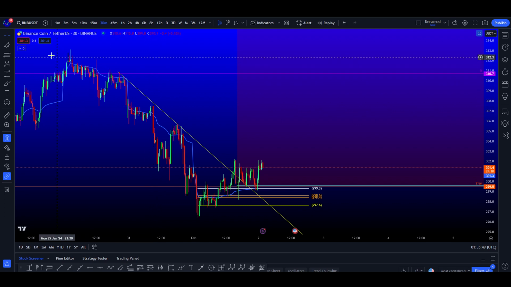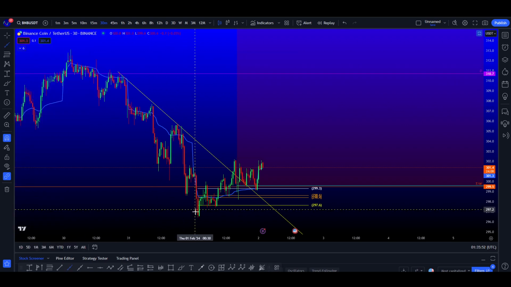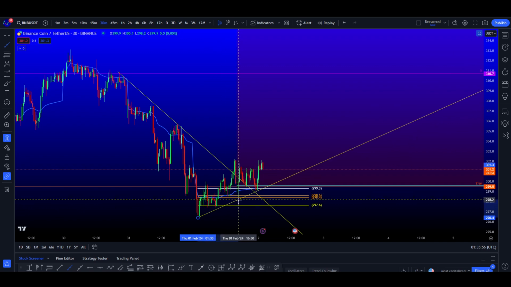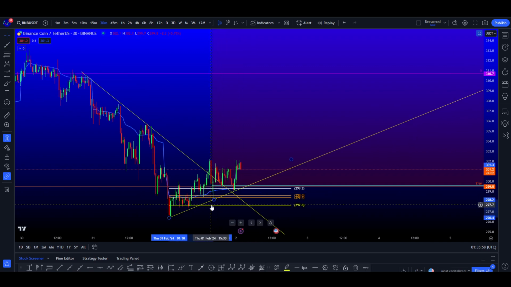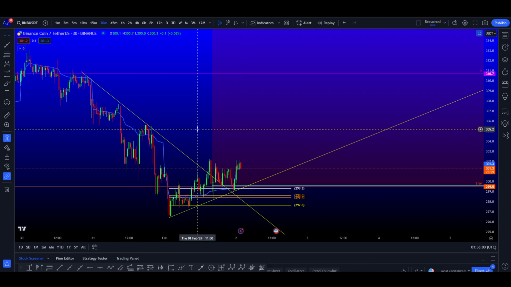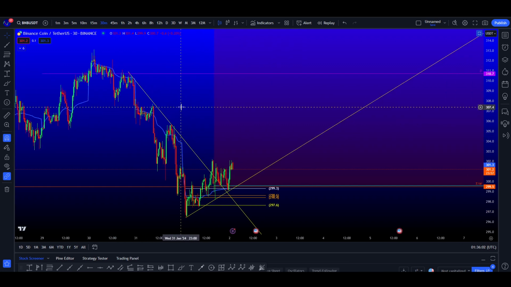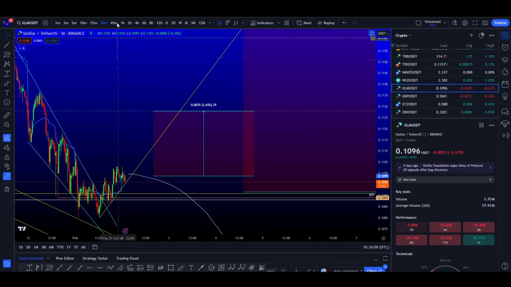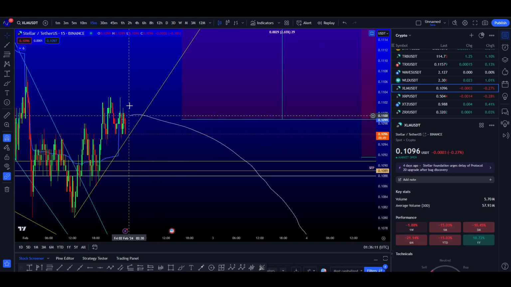Also with BNB, I can draw a little trend line here as well. That looks a little bit better. Price has tapped it once, twice, three times already. So just like XLM, I am bullish until this trend line breaks, and it's pretty close to breaking right now.